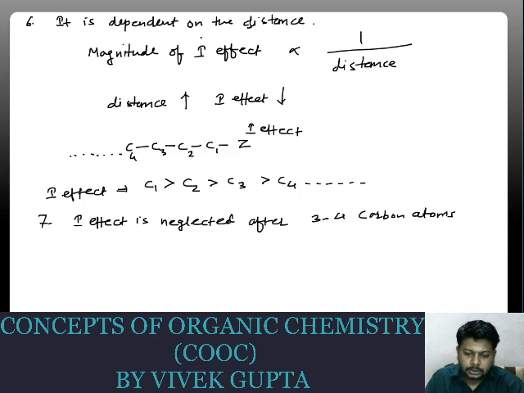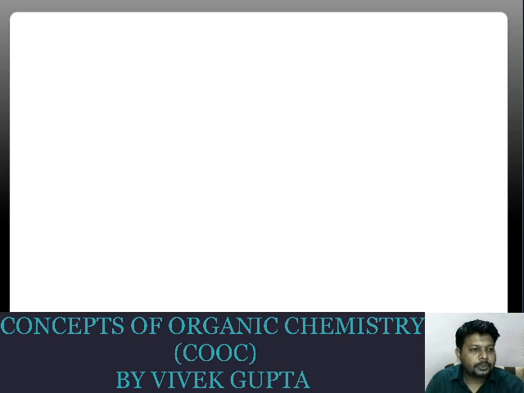Means after 3 to 4 carbon, the magnitude of I effect becomes so small that we can neglect it. We don't need to consider the I effect after 3 or 4 carbon atoms. Generally 3 carbon atoms are considered as a custom.